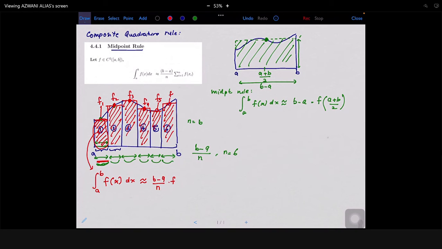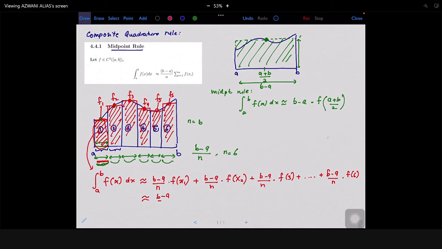Alright, so multiply by f1 tambah yang kedua (B minus A) divide by N multiply by f2 tambah (B minus A) divide by N multiply by f3, betul tak? And so on. Up to (B minus A) divide by N f6 lah kan dalam kes ni. Right?